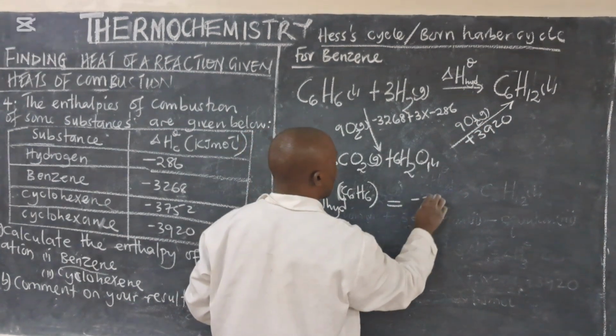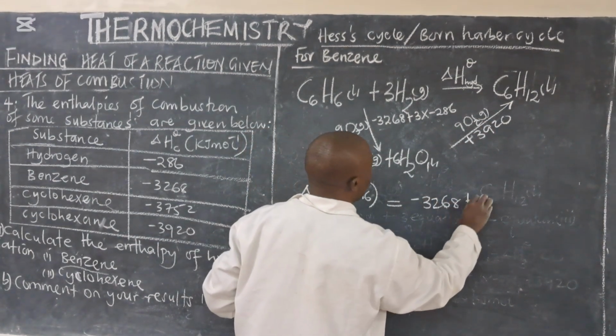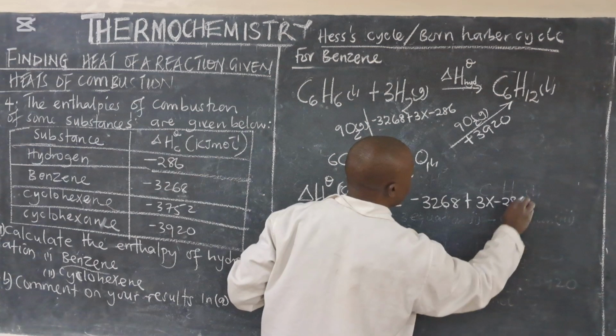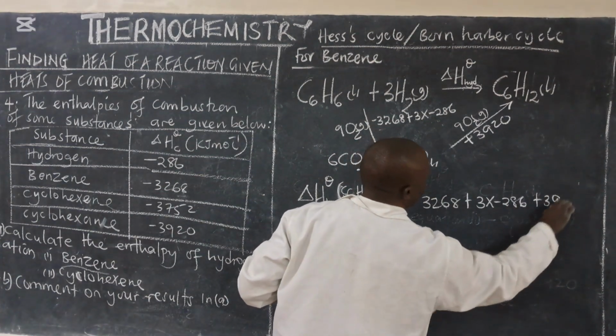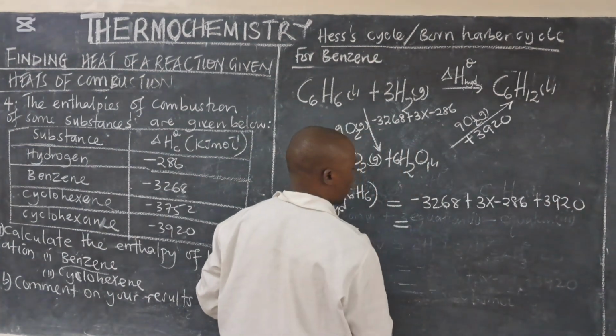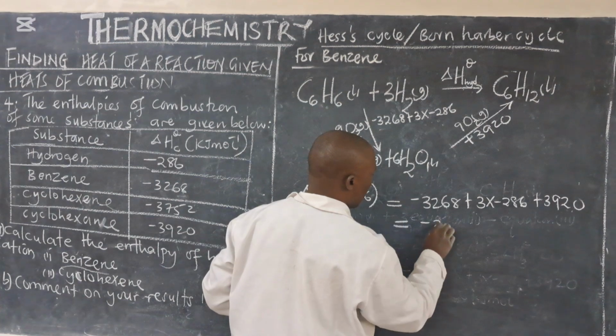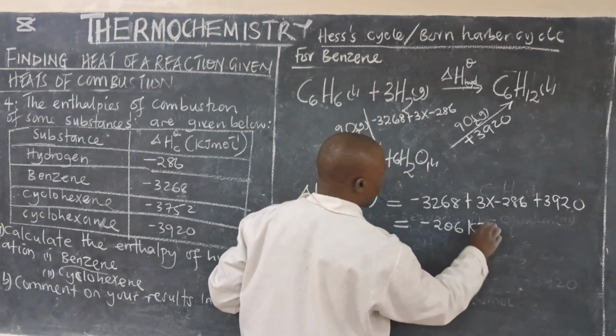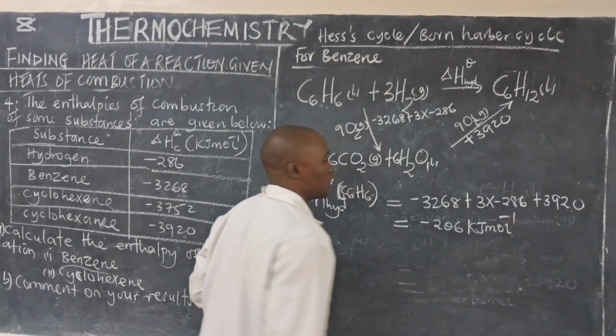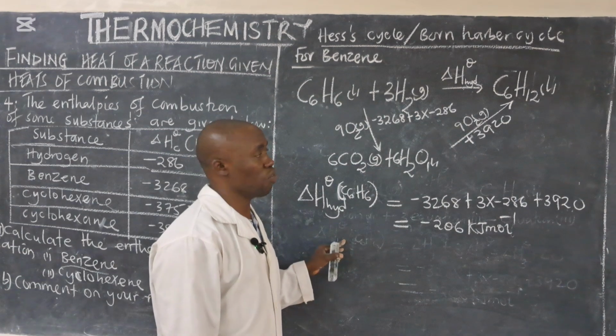So this will be negative 3268 plus 3 times negative 286, then plus 3920, giving me actually negative 206 kilojoules per mole. That is the enthalpy of hydrogenation of benzene.